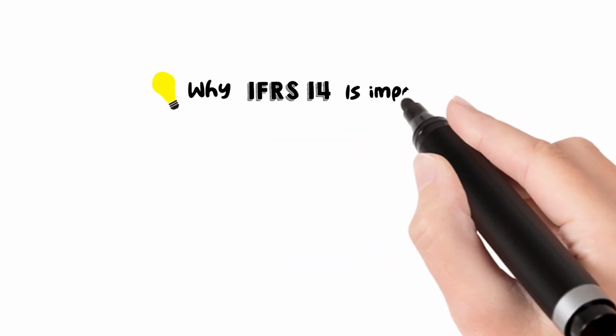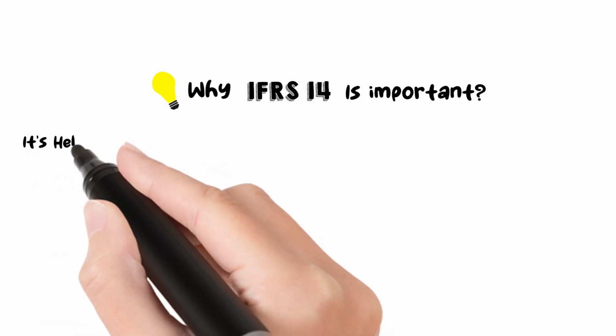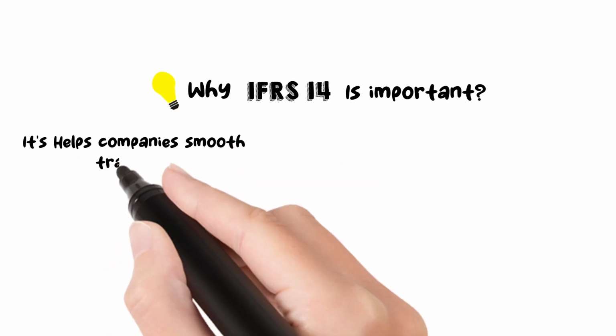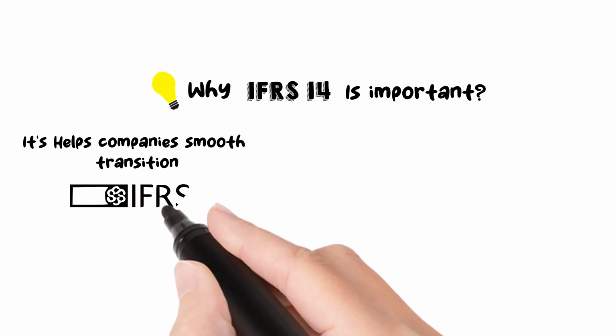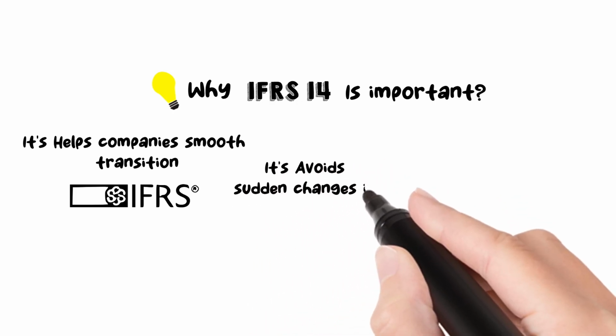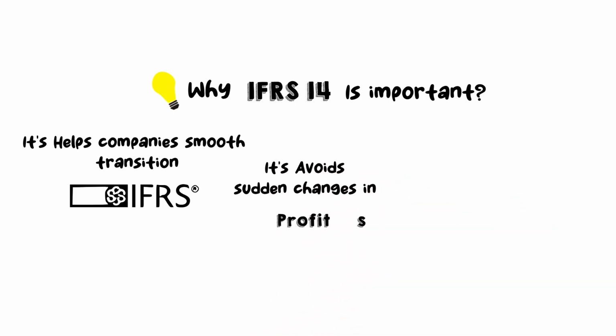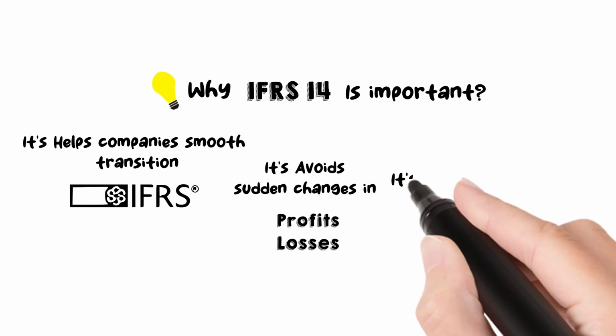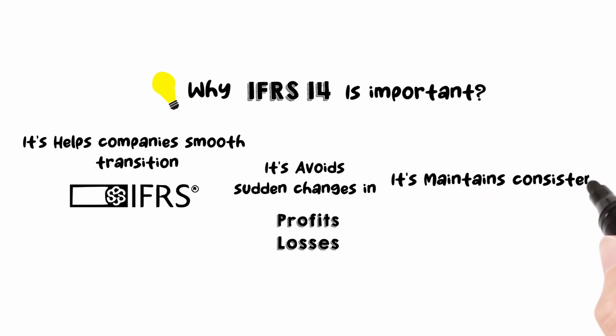Why is IFRS 14 important? It helps companies smooth the transition to IFRS. It avoids sudden changes in profit and losses. It maintains consistency with previous reporting.